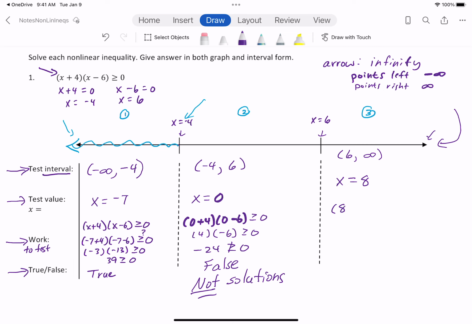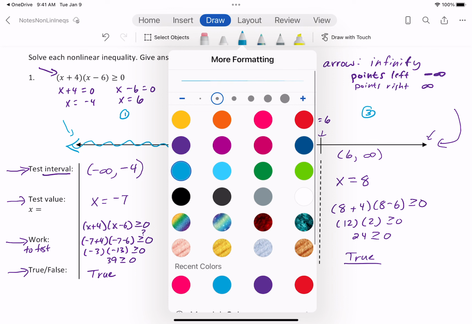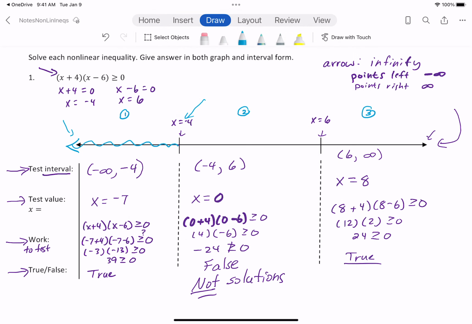Then we're going to plug it in to our inequality and see if we get a true or false statement. So 8 plus 4 is 12. 8 minus 6 is 2, and I get 24 bigger than or equal to 0, and that is true. So that means that the numbers larger than 6 are also solutions to our inequality. So I'm going to shade in this portion as well.